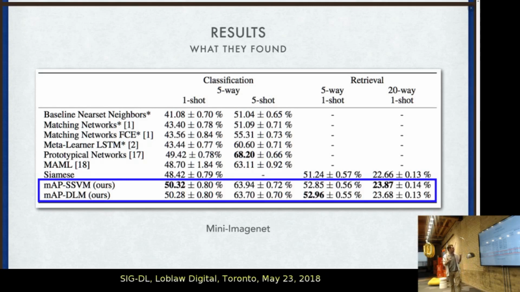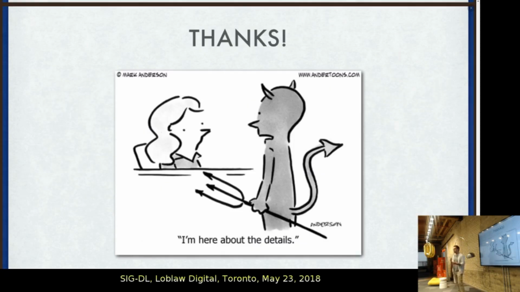The other thing is that they piggyback on an algorithm for computing the mean average precision. If you just do it with whatever comes to your mind, it can be really inefficient. So there is an algorithm that uses dynamic programming to compute the mean average precision efficiently enough. So, that's it for the results. Thank you, guys.